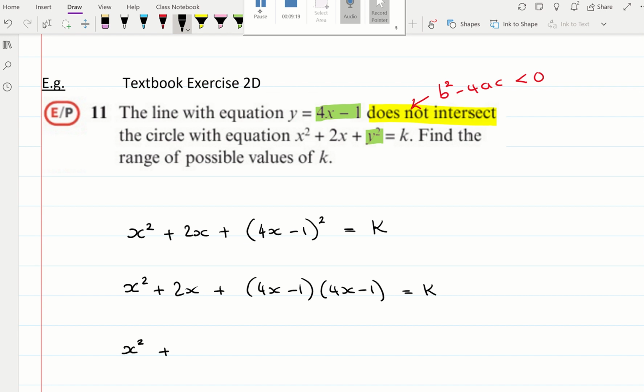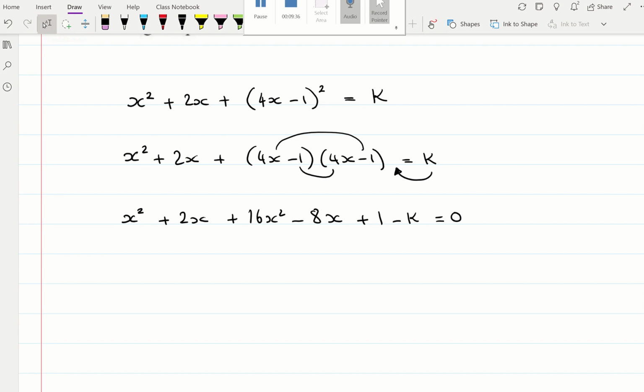x squared plus 2x. 4x times 4x is 16x squared. And then I've got negative 4x twice, which is negative 8x, plus 1. Then I'm going to subtract k, minus k equals 0. And then I've got my like terms, 1x squared plus 16x squared, 17x squared. 2x minus 8x is minus 6x.